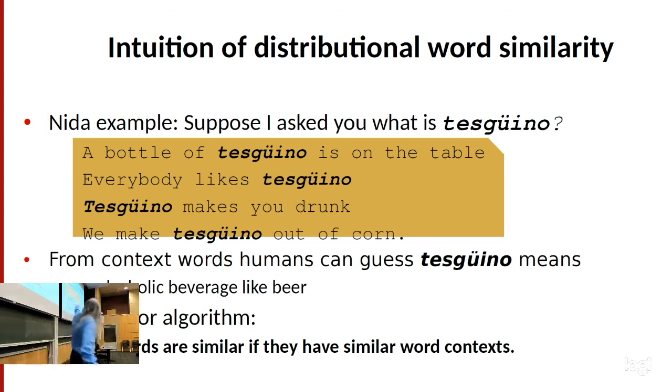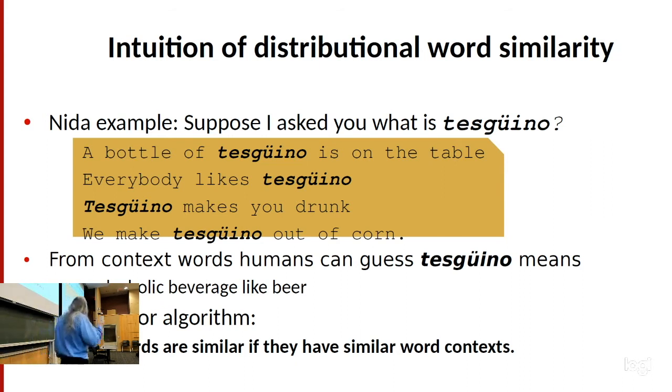But you can work out what the meaning of that word is, having never seen it before, and you have a fairly good idea of what it means, okay? And you do that because of the context, because if you replace it with the word whiskey, okay, it's almost right apart from the corn bit, okay? But, as you say, it's some sort of grain, okay?